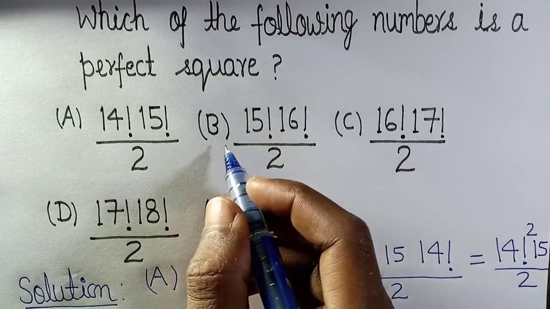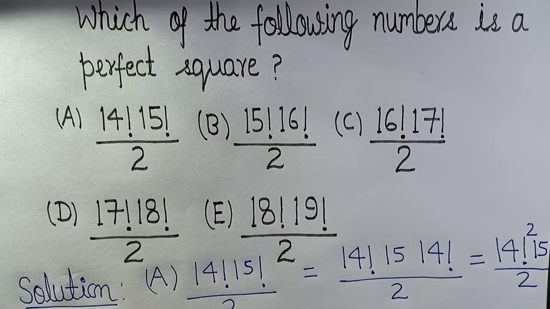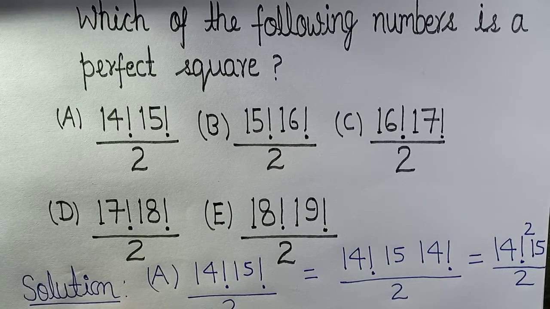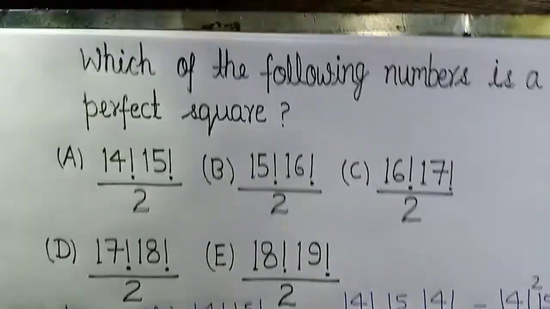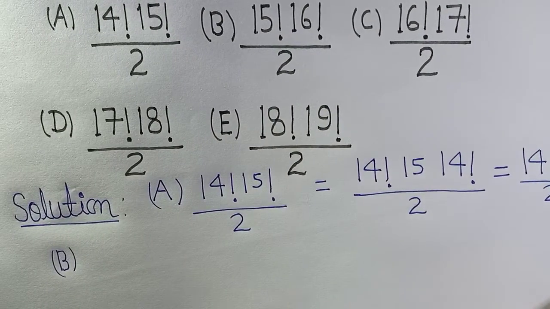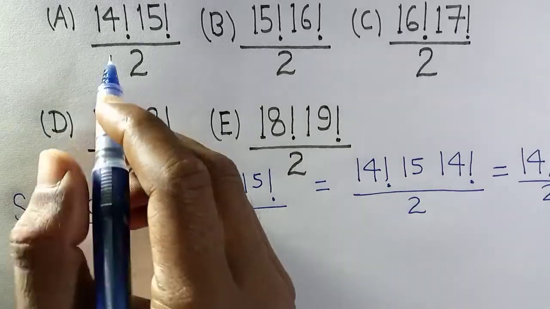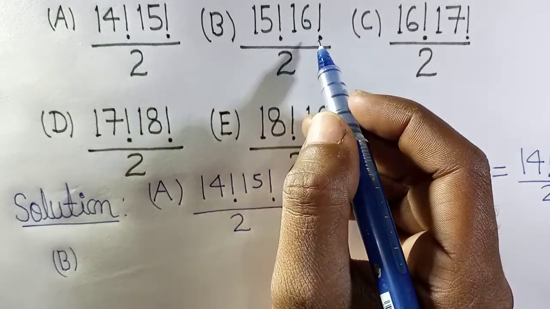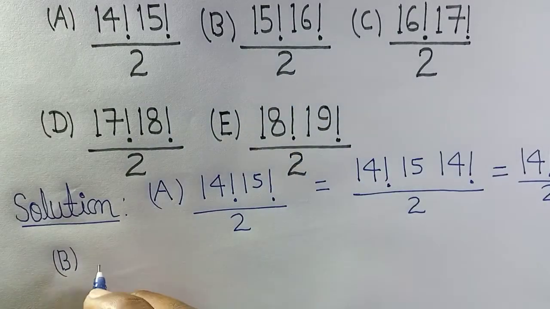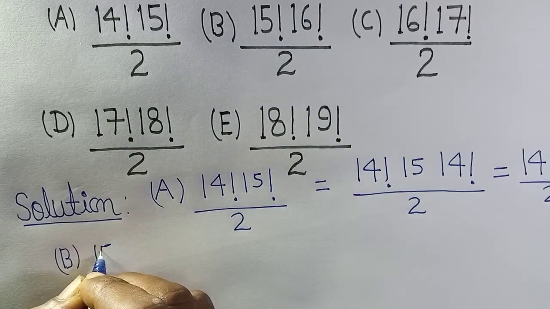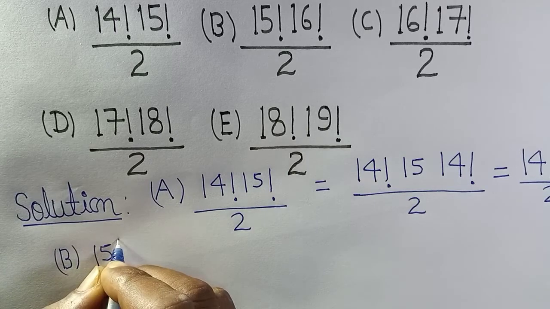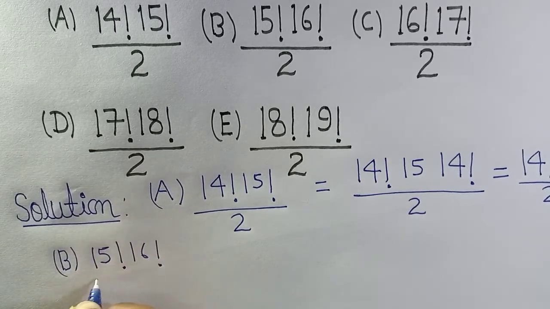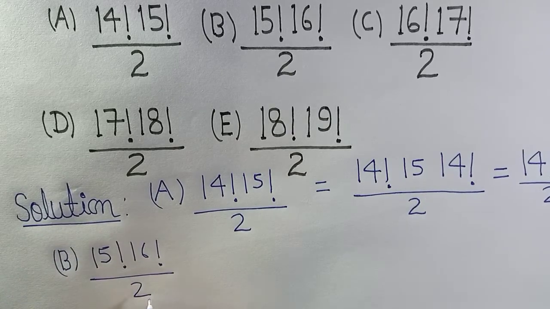Similarly, we can write option B. So option B is factorial 15 times factorial 16 over 2.